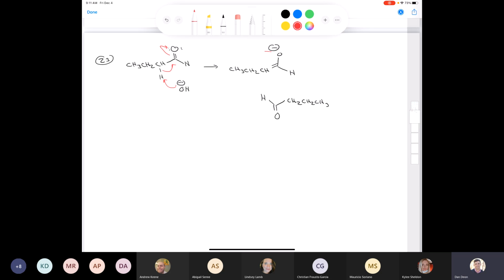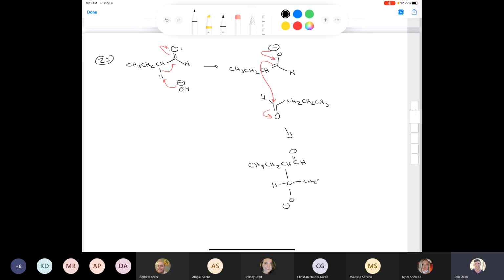Then we're going to get our addition like this, which is going to give us this intermediate. It's going to look like this: CH3, CH2, CH, the aldehyde, and then it's going to be attached to this carbon, which has the oxygen with a negative charge.